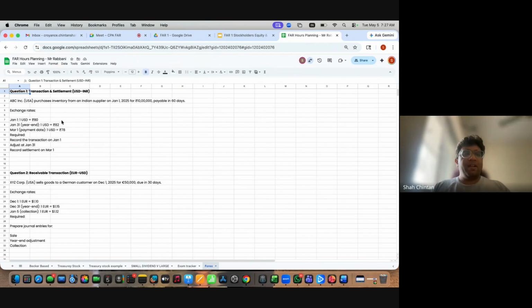चलिए ठीक है, तो सबसे पहले आपको रेट्स की जानकारी होना जरूरी है. Historical rate means the rate at which the transaction was initially booked. This is generally used for your equity accounts because equity accounts never get changed frequently. Property, plant and equipment, your fixed assets, are generally booked at a historical rate.